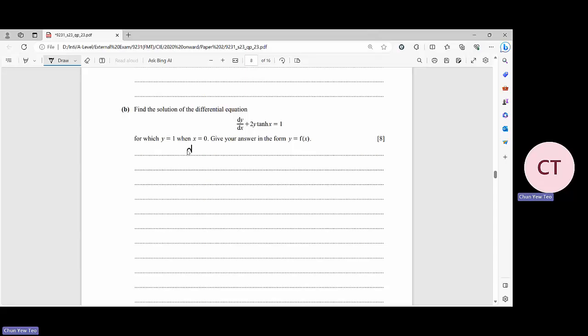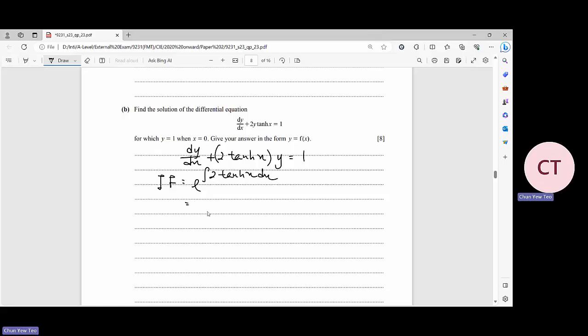First of all, let me write down 2 tanh x multiplied by y equal to 1. In order to use the IF, integrating factor, you must make sure that this is the 1. So this is the 1 already. Then we just straight away write down our IF as e to the power of integrate 2 tanh x dx.